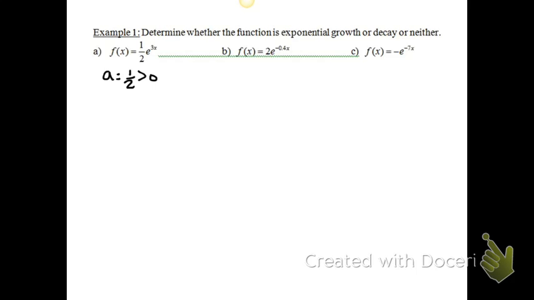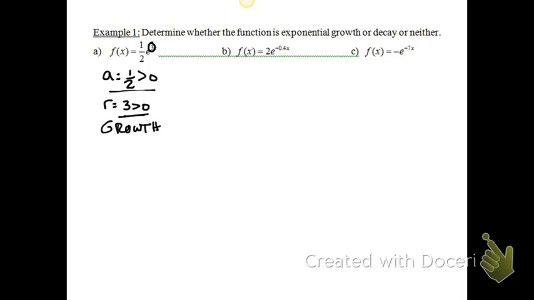So far it's not going to be neither. If your a value is positive, it's either going to be growth or decay. What we need to look at for these natural base functions is the exponent, and that the number in front of x. That's like your r value. In this case, the r value is 3, which is positive. It's bigger than 0. So because the r value is positive and the a value is positive, this is going to be exponential growth.